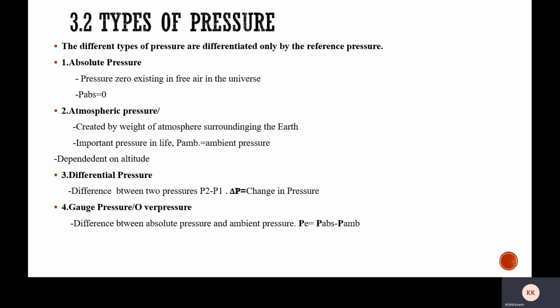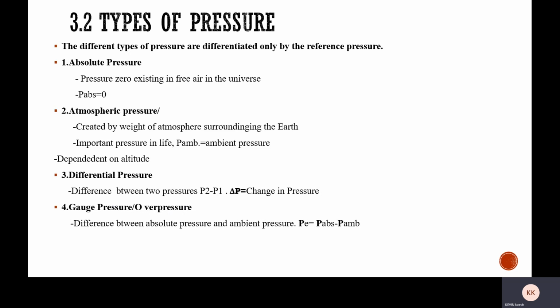We have the last one, gauge pressure. That is over pressure or exceeding pressure. It is given as the difference between absolute pressure and ambient pressure. Number 1 is absolute pressure, number 2 is atmospheric pressure.